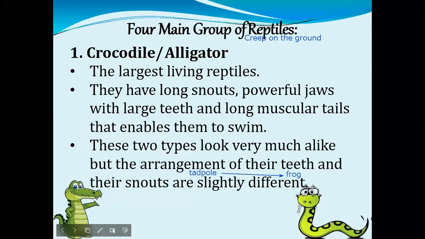Look here. To make it easy for you, one example is given of the crocodile or alligator. Crocodile and alligator are both water animals with similar structure. One has a long snout, and the other has a broad snout.